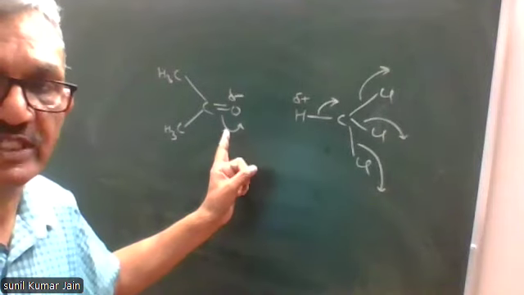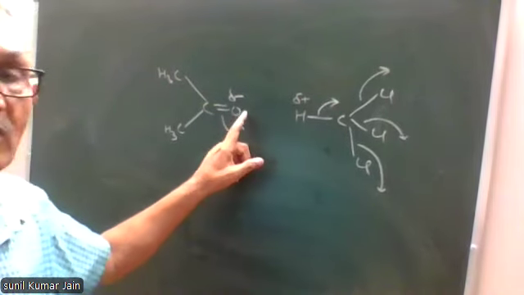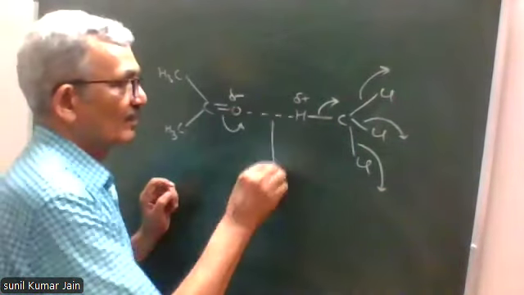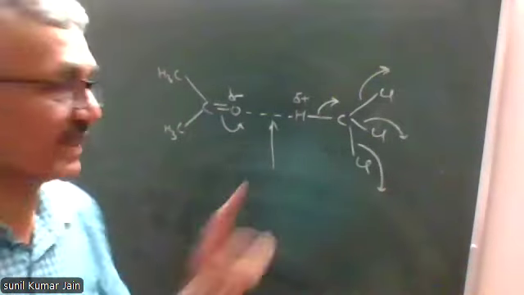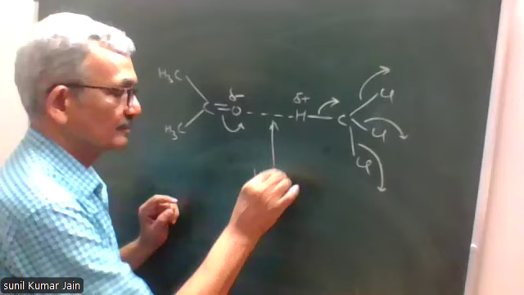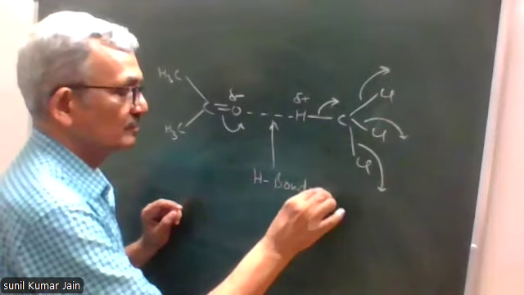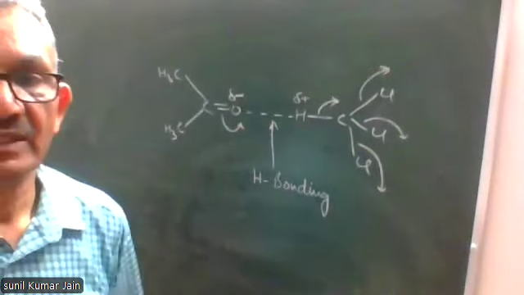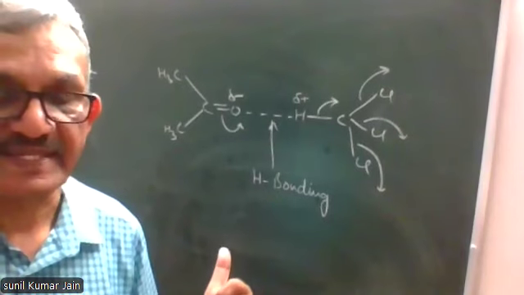In this case, oxygen is more electronegative than carbon. Therefore, oxygen carries partial negative charge. So when they are mixed together, this is the formation of hydrogen bonding.